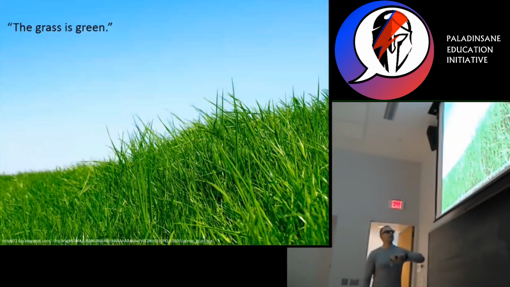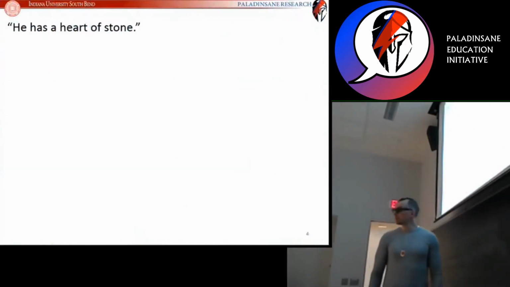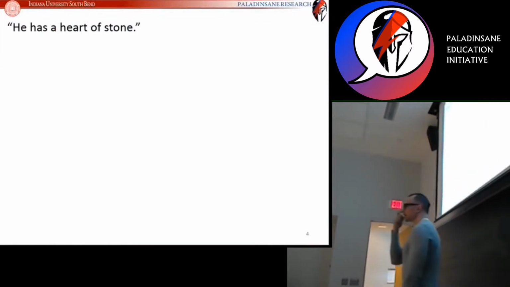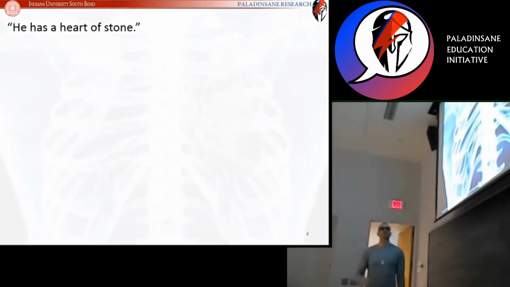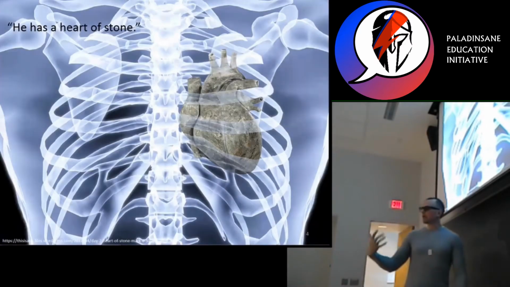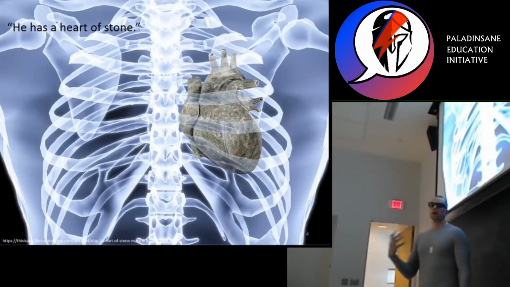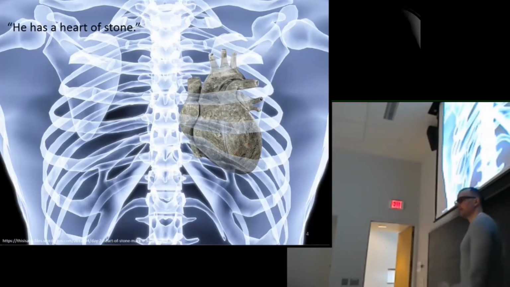A metaphorical statement, on the other hand, would be something like, "John has a heart of stone." If you say he has a heart of stone, we understand that this is not to be taken literally. It doesn't mean, oh my gosh, how is he living, what kind of medical marvel is this? No, we understand it is meant to be taken metaphorically.